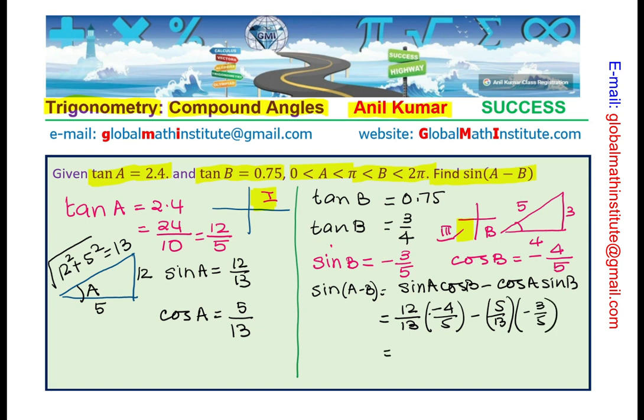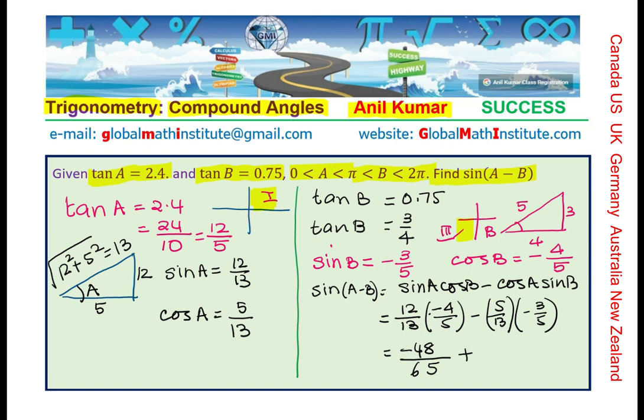So we'll end up with, you can simplify this, right? 13 times 5 is the common denominator, minus 48 over 13 times 5, and then minus and minus becomes plus, 5 times 3 is 15, over 65. Is that clear to you?